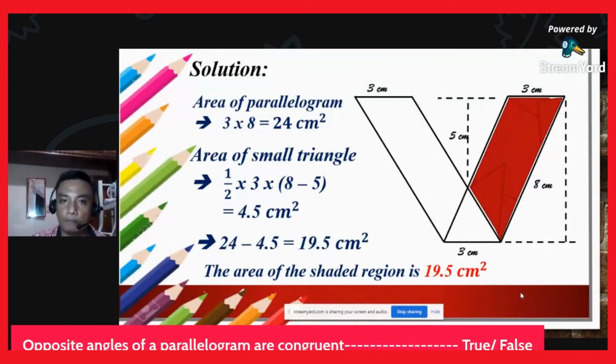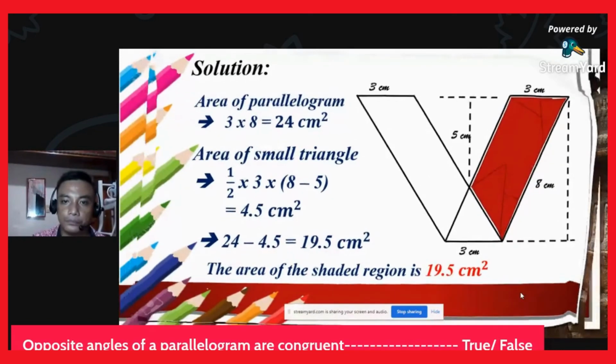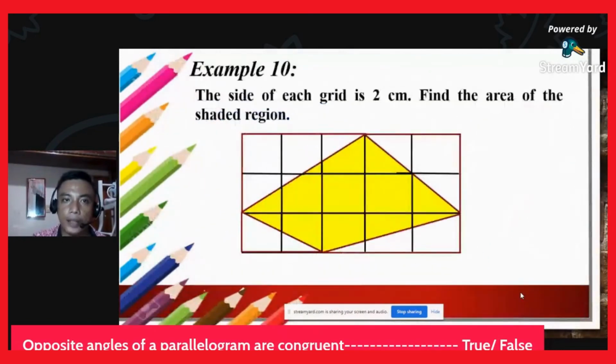Next example. Example 10. The side of each grid is 2 centimeters. Find the area of the shaded region. What do you think is the area of the shaded region? As we all know, the side of each grid is 2 centimeters.